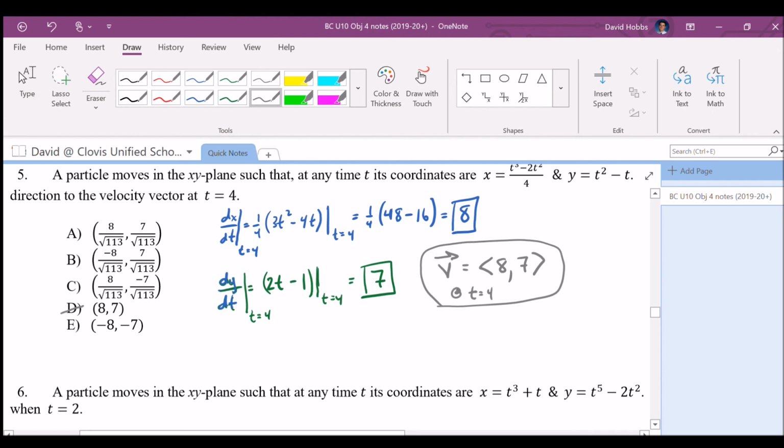Now opposite in direction is just -1 times the vector. So -1 times the velocity vector would be <-8, -7>, and that is there.